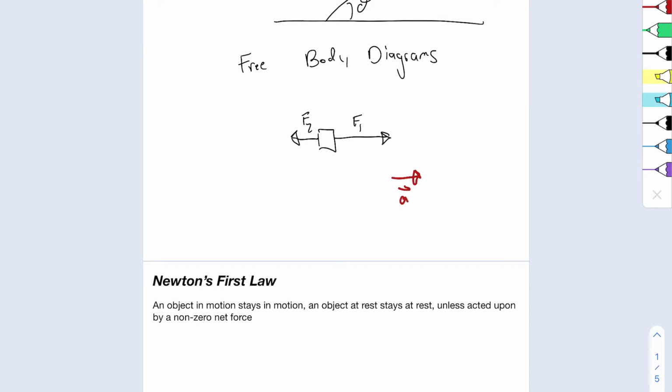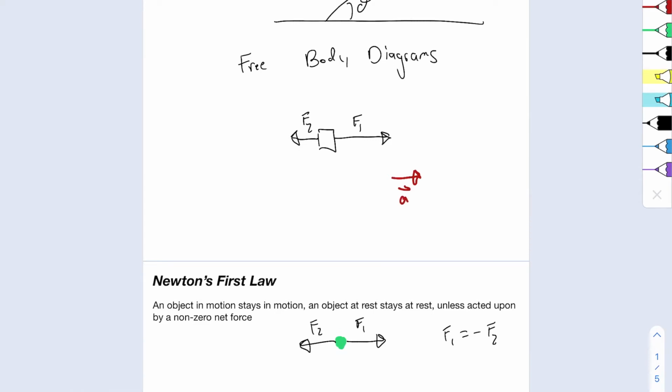To illustrate what we mean when we say non-zero net force, let's say we have a little tennis ball. Let's say we have two forces on this tennis ball, one to the right, F1, one to the left, F2. Let's say F1 is equal to negative F2. So their magnitudes are the same, but the directions are opposite.